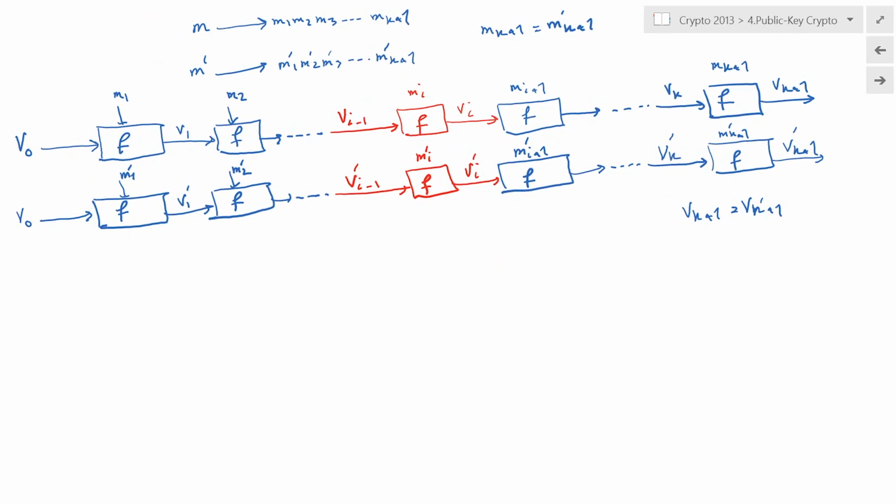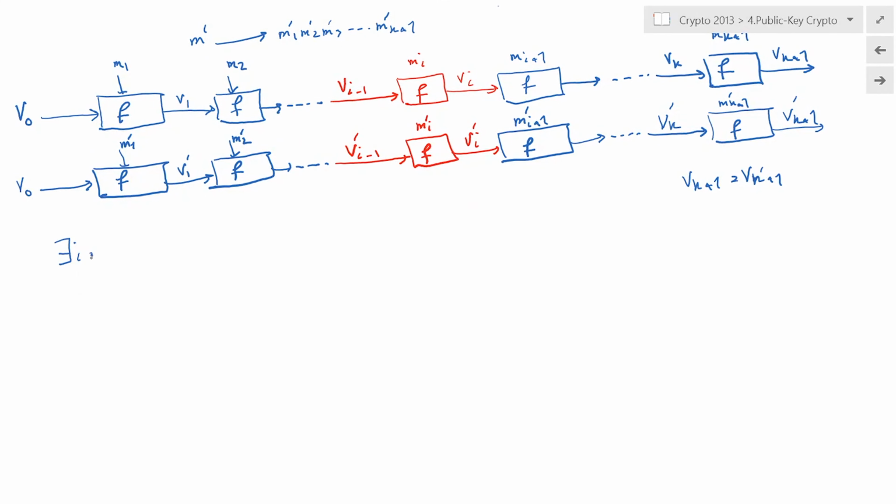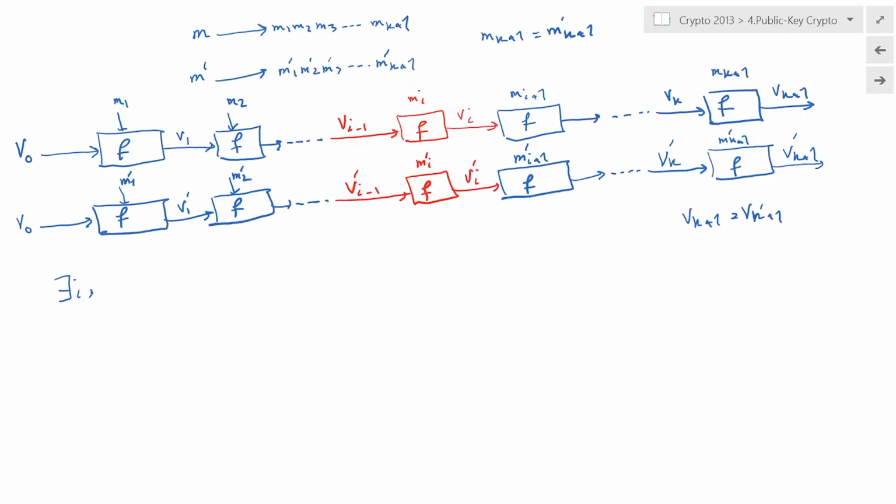So what we are saying is that there is some iteration i, which I drew in red specifically over here. Because at the end the results of this hash function are the same, something would start to change, and some step is responsible for that.